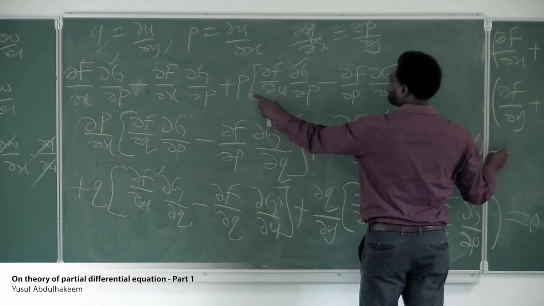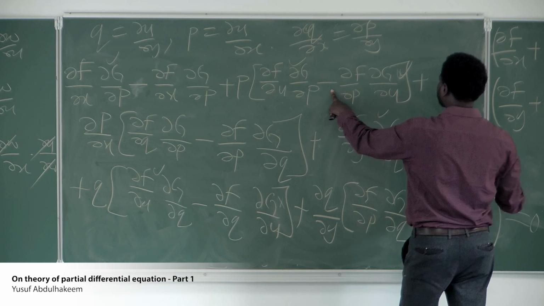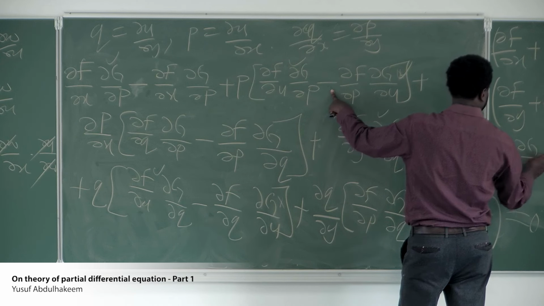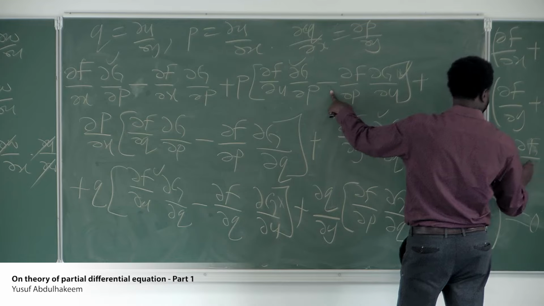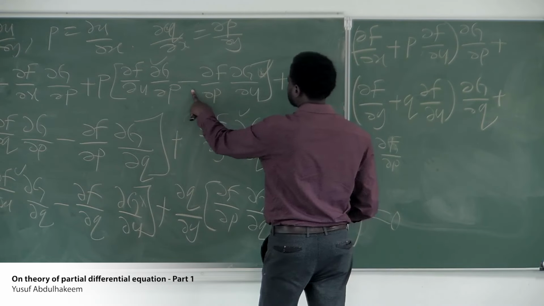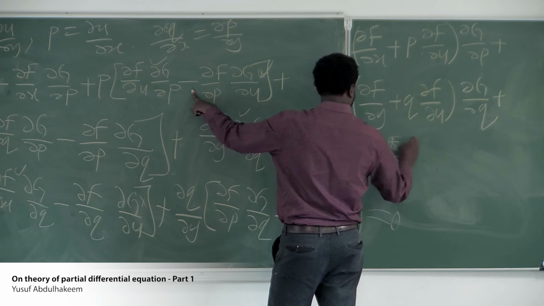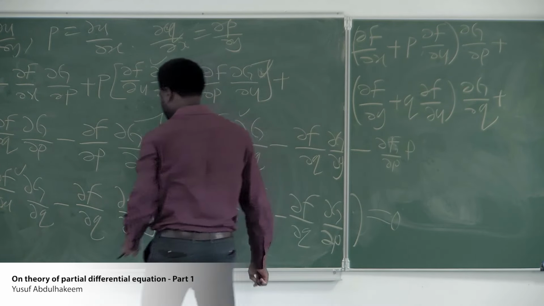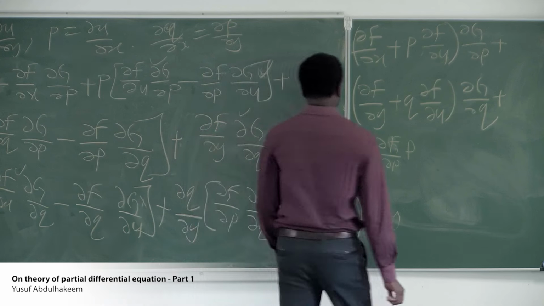Because of this negative, this is going to be minus ∂G, minus ∂F/∂P. That's what we have. And then we have P here. And then here we have ∂F/∂Q.